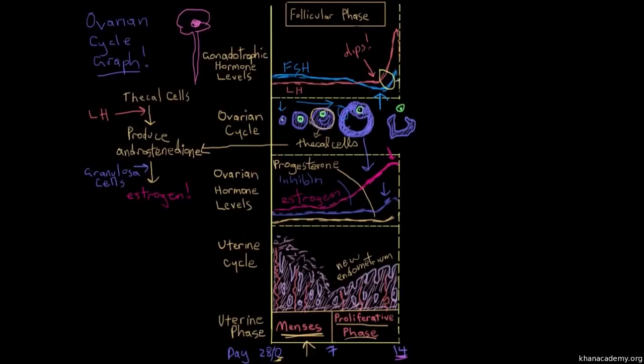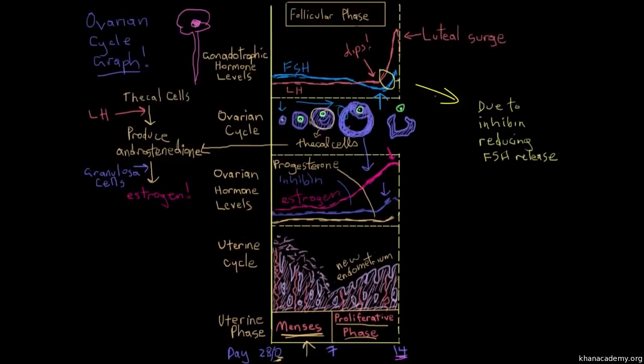Aha! Remember earlier we said that our granulosa cells were releasing inhibin, which reduces FSH release from the anterior pituitary? Well, look here. Our inhibin amount is pretty high now, and that inhibin sort of curtails the amount of FSH released from the anterior pituitary, but it doesn't really affect the LH that gets released. So the net effect is a huge release of LH from the anterior pituitary in an event called the luteal surge.